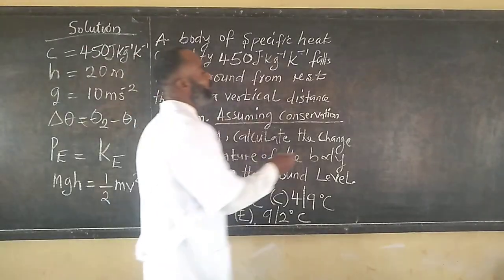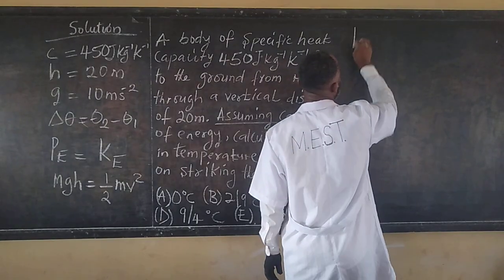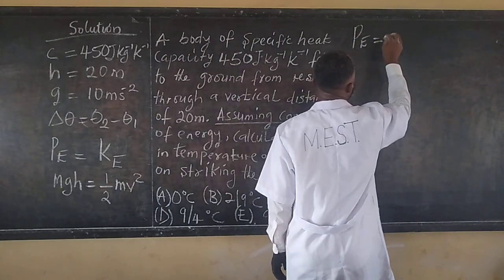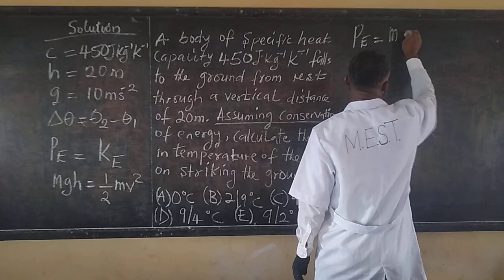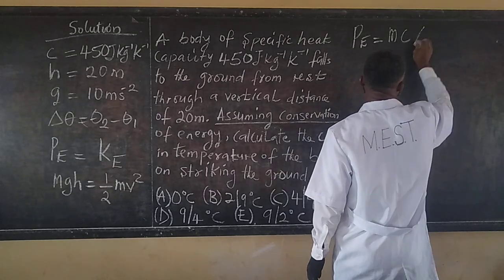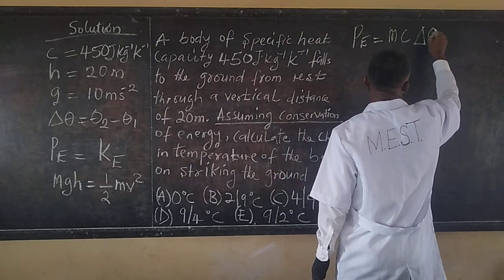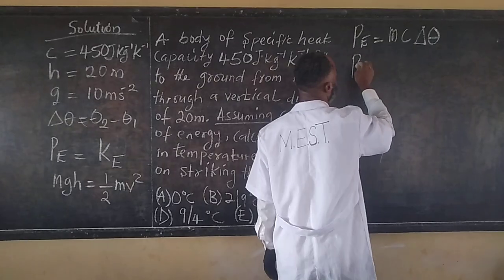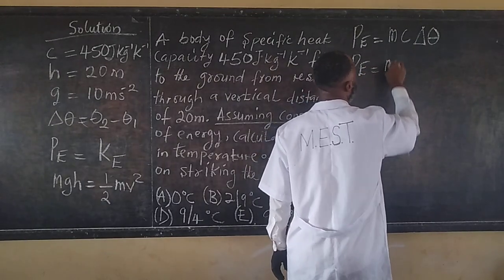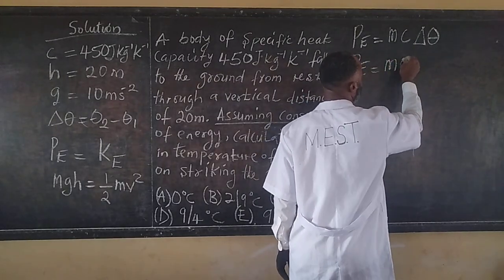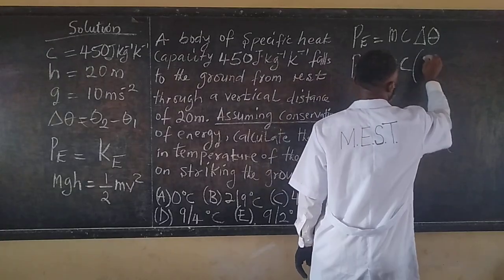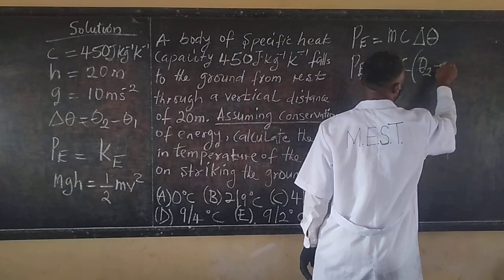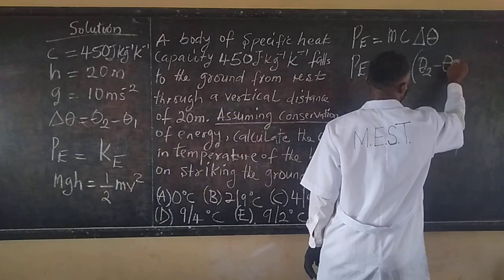We will make use of the energy, which is given as PE equal to mc, change in temperature. We can restate this as PE equals mc, specific heat capacity, times the change in temperature, theta 2 minus theta 1.